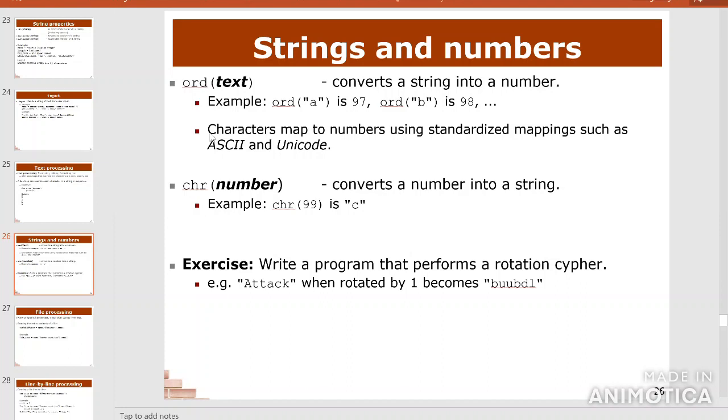And the CHR function is used to convert an ASCII number into a specific character. Those are the two functions that you can use to convert between a character and its ASCII number, or from an ASCII number back to the character. Those are the usages of these two functions.